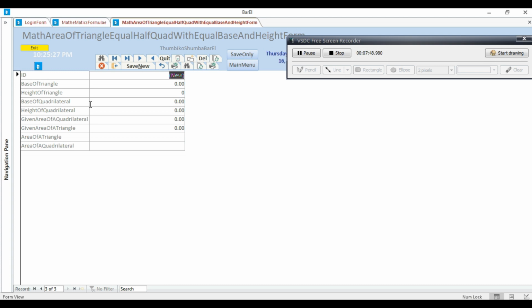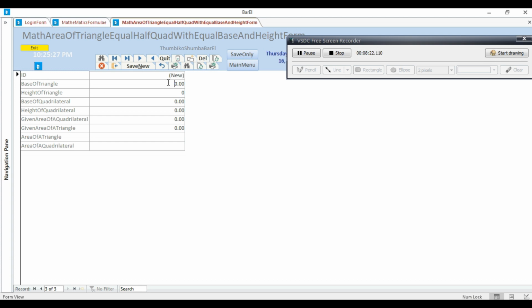Or if the base and height of a triangle are equal to the base and the height of a quadrilateral, then the area of a quadrilateral is twice that of a triangle.